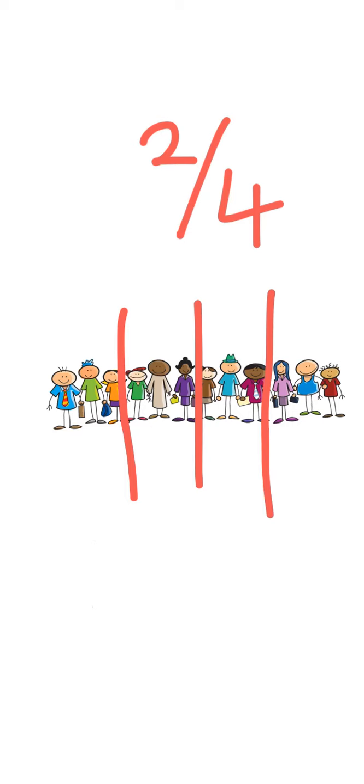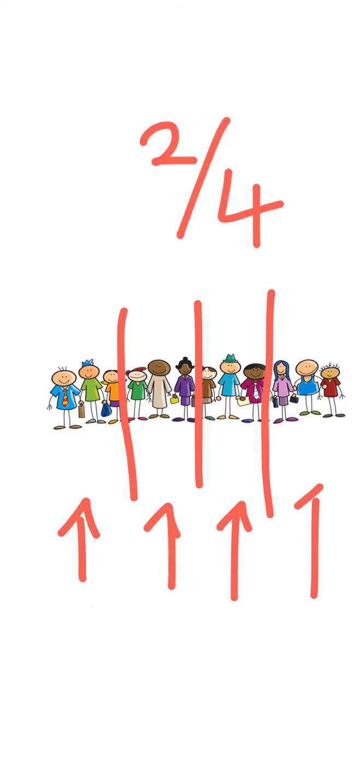Can you see I've got 4 equal groups now? 2/4 would mean I've got 2 out of the 4 equal groups. Can you see that 2/4 of 12 is 6?